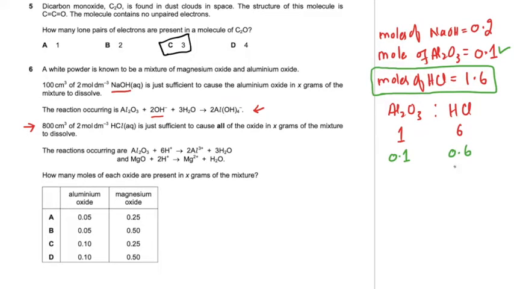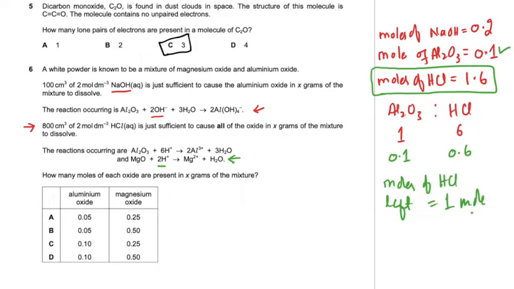How many moles of HCl are left? Moles of HCl left is 1 mole. So look at the second equation. What is the molar ratio between the magnesium oxide and HCl? 2:1. If there are 2 moles of HCl, 1 mole of magnesium oxide is used.